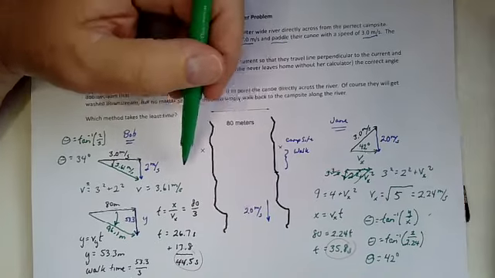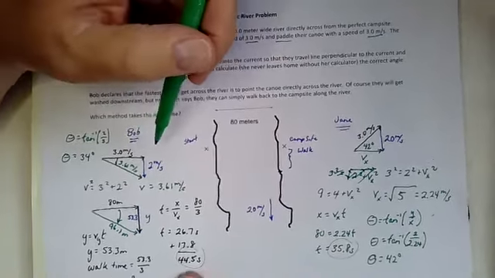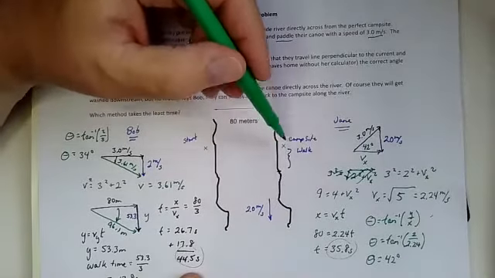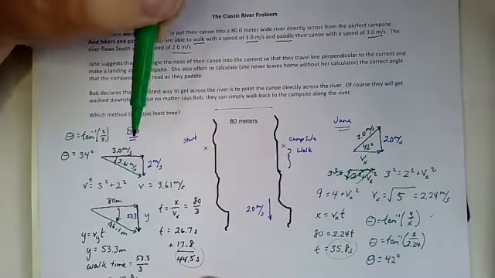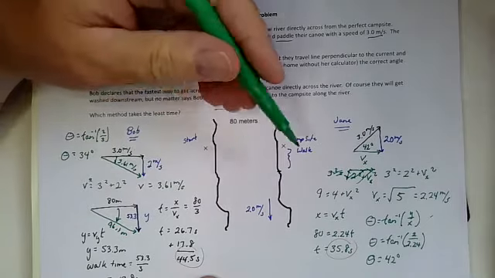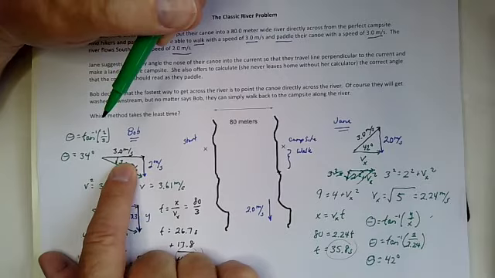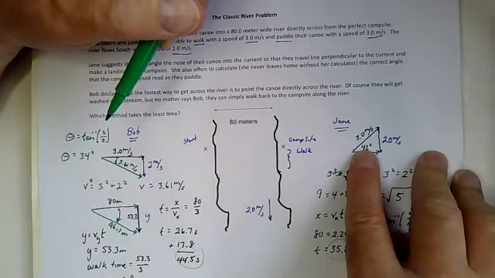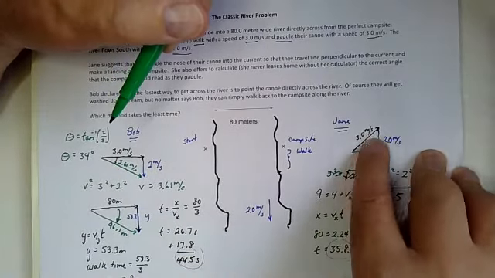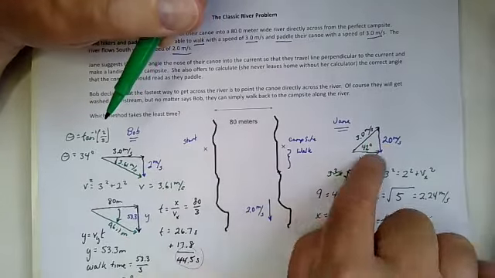So Bob's method is actually the fastest way to get across the river if you don't care where you wind up along the river, because all the velocity is directed to going across the river. So Bob's 3 meters per second is the leg of this triangle, but over here, Jane's 3 meters per second is the hypotenuse, and that's how come these 2 triangles are not the same.